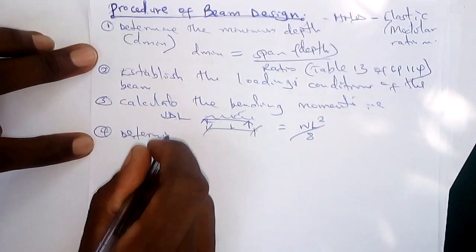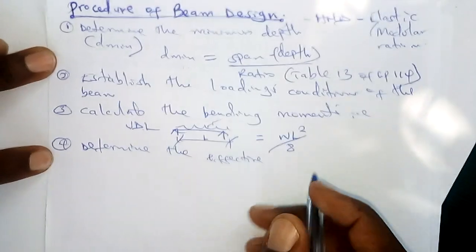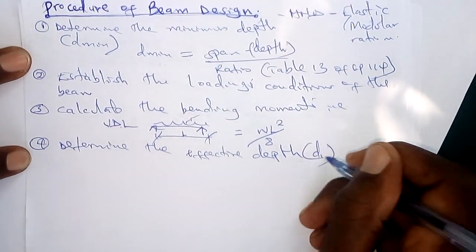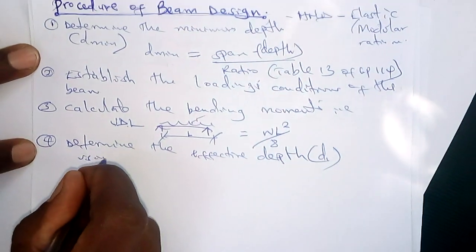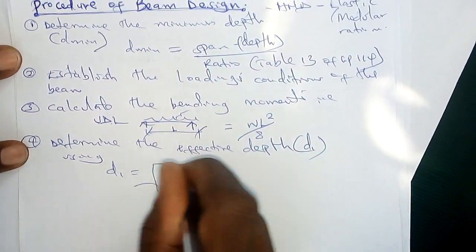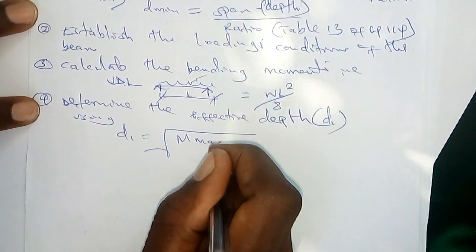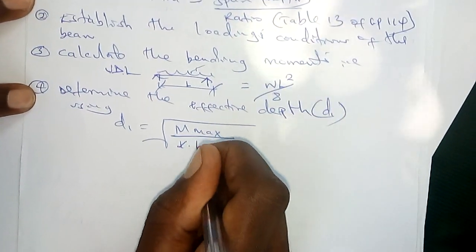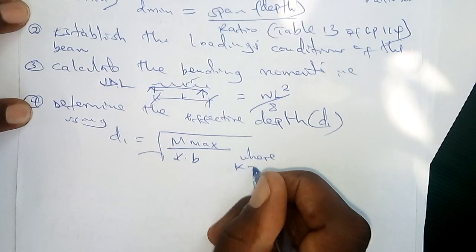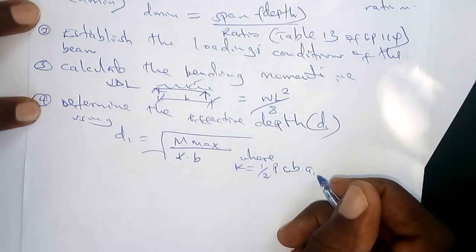Number 4, determine the effective depth, abbreviated as D1, using the formula D1 is equal to the square root of M max all over K multiplied by B, where K is given by the formula 1 over 2 PCB A1 N1.